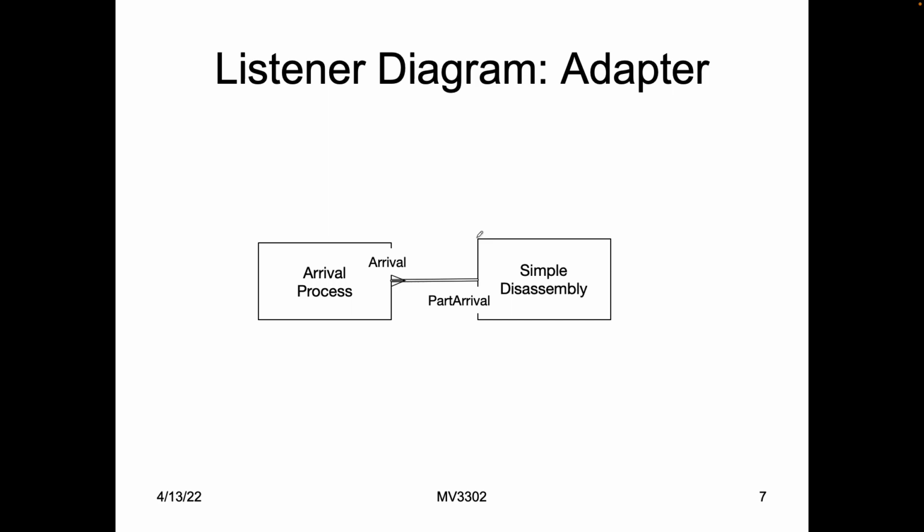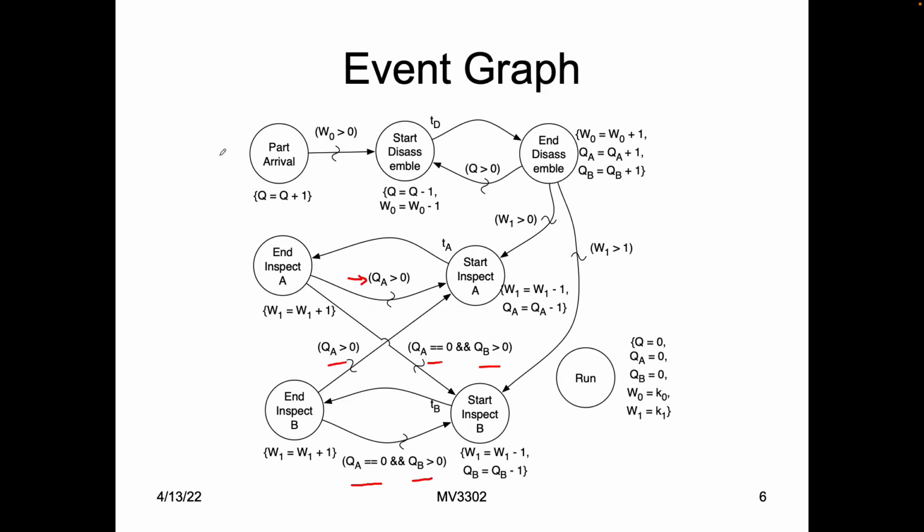Now, for something like this, notice that for whatever reason, instead of arrival event, the event was called part arrival. So what do you do if there's an event that you want to trigger, and the only disparity is just the name? So we have an arrival process.